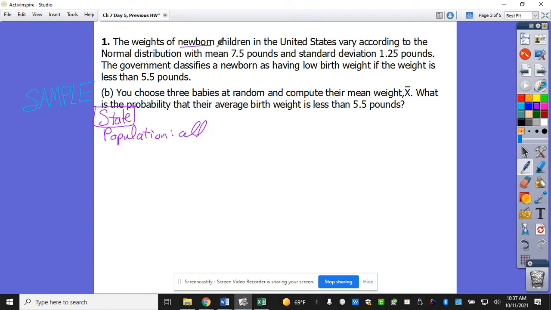All newborn children in the U.S. So this one's very vague because it seems pretty much repetitive. What's our sample? The ones of those that are randomly selected.